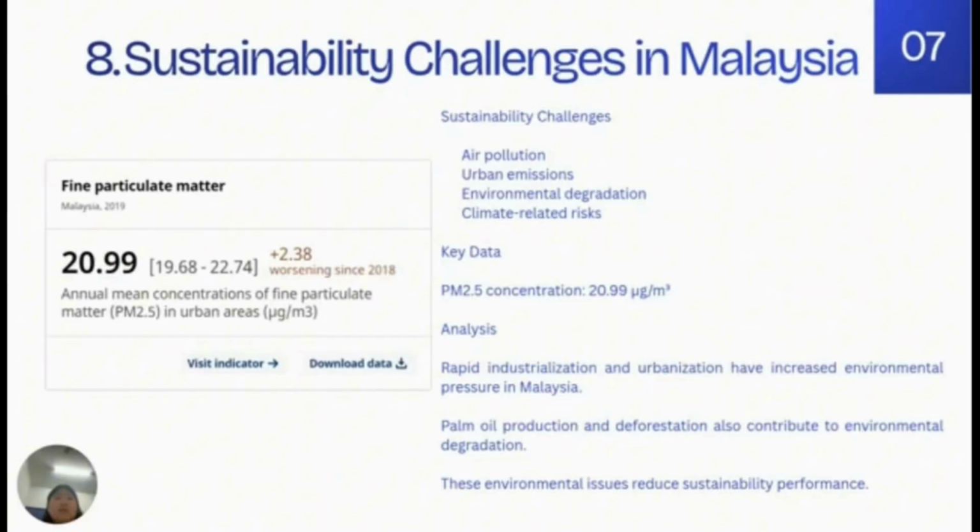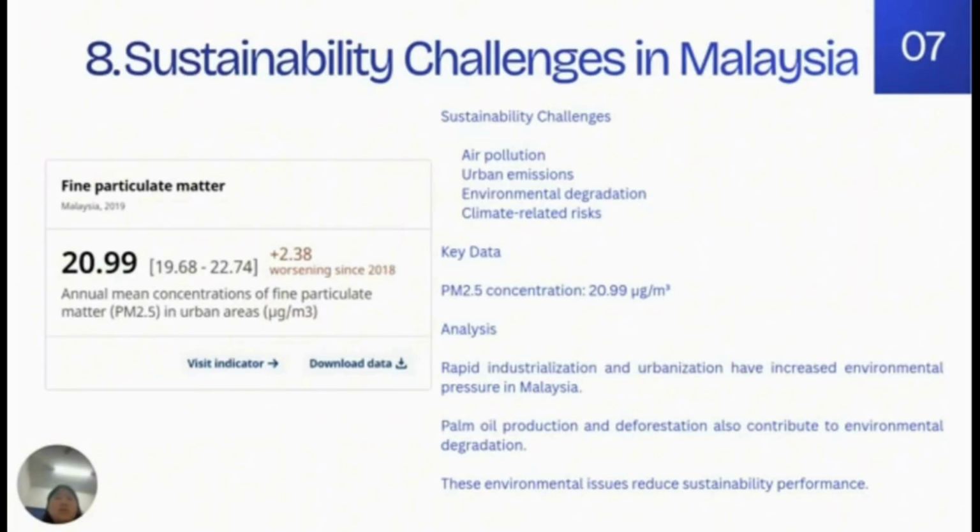Another important issue is palm oil production and deforestation. Although the palm oil industry contributes significantly to Malaysia's economy and exports, it also creates environmental damage and biodiversity loss.